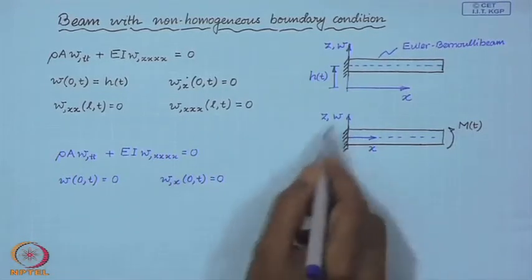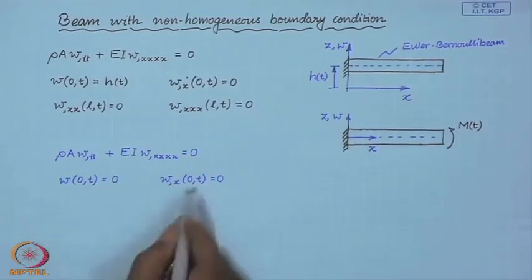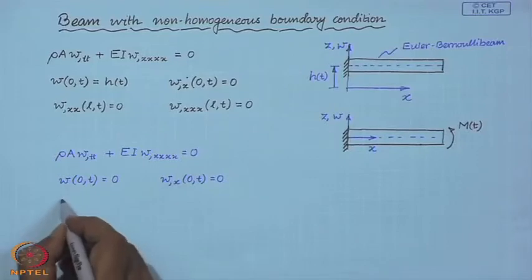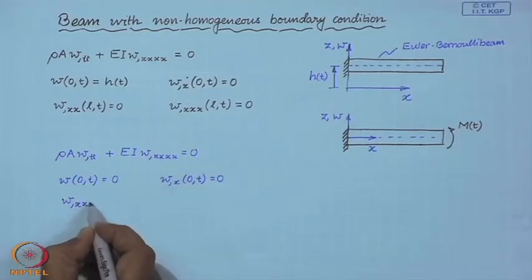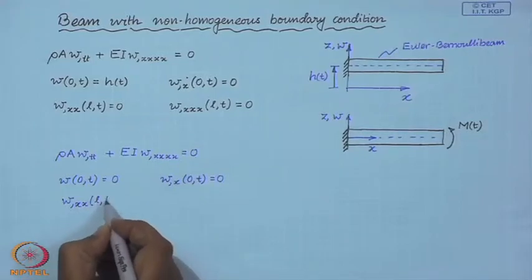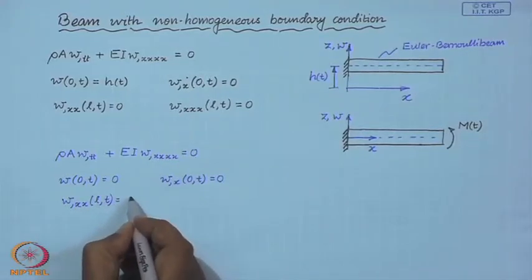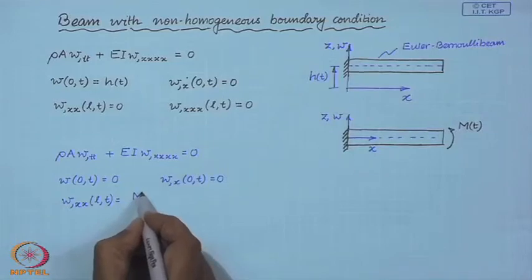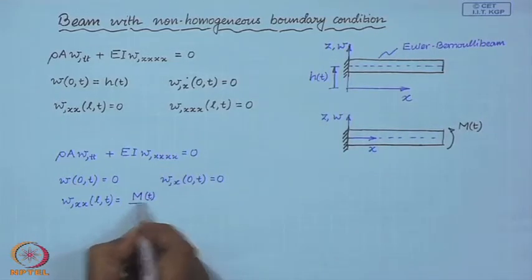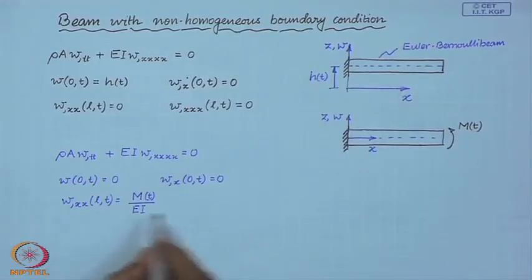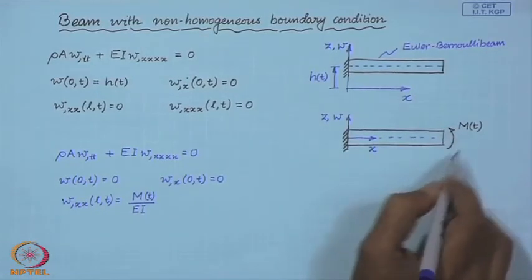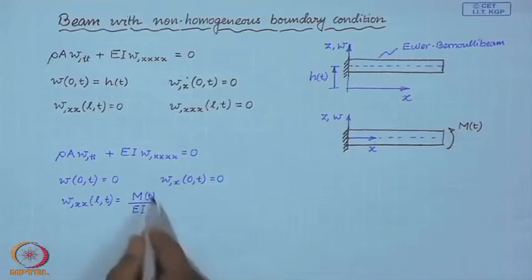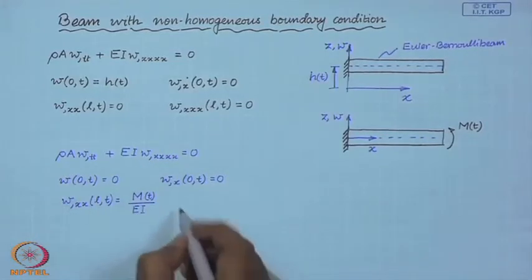Once again at the fixed end, the displacement and the slope are both 0, whereas the bending moment condition at the free end may be written like this.